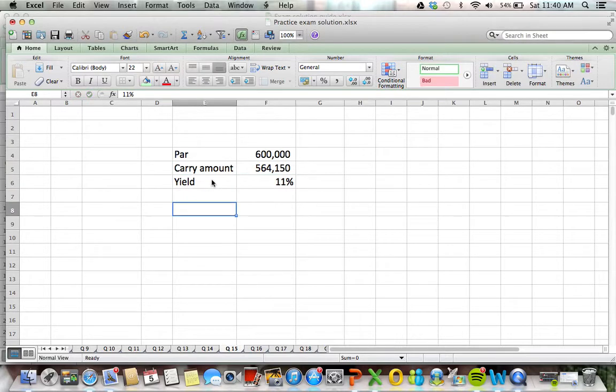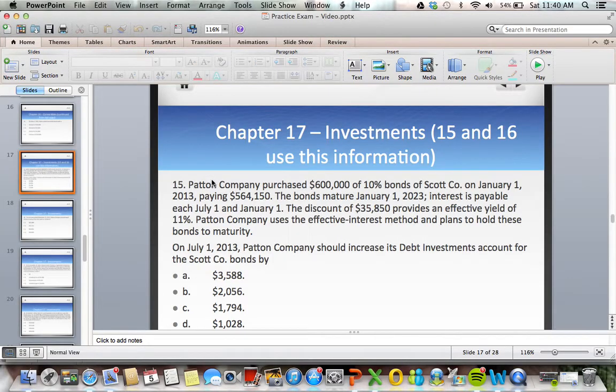So what's the question again? We're the investor. We bought this piece of debt, right? And what should we increase the debt investment for? In other words, how much do we increase our carrying amount?